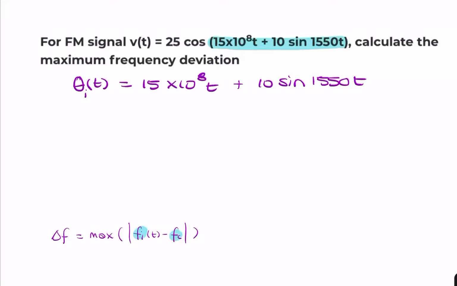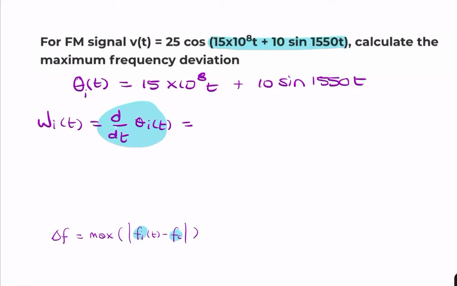The next thing we want is the instantaneous frequency. So that's just the derivative, the first derivative of the phase. So this is by definition. The instantaneous frequency is the derivative of the phase. So here we have constant multiplied by time, and here we have a sine.